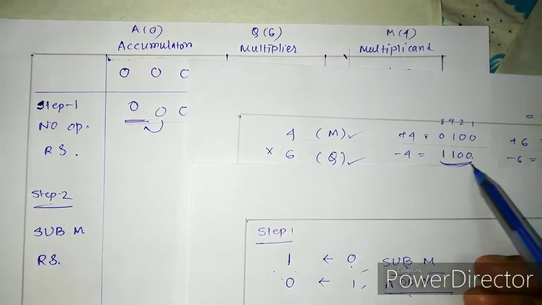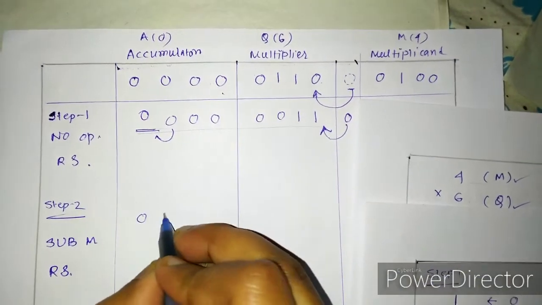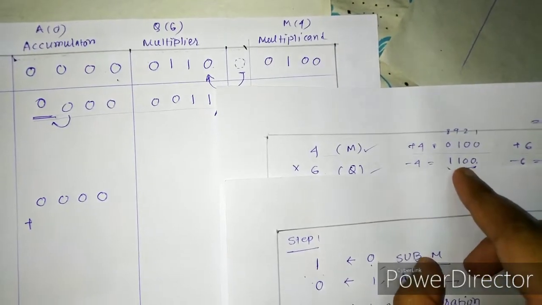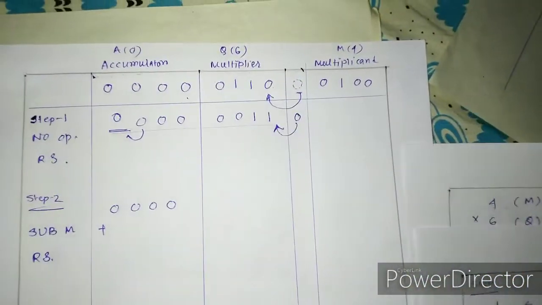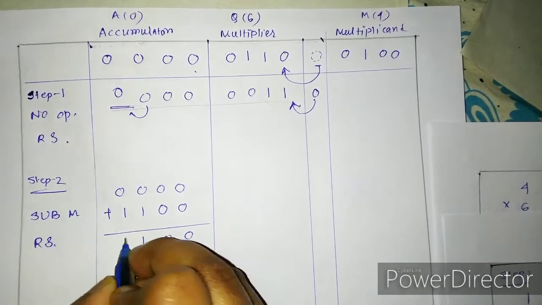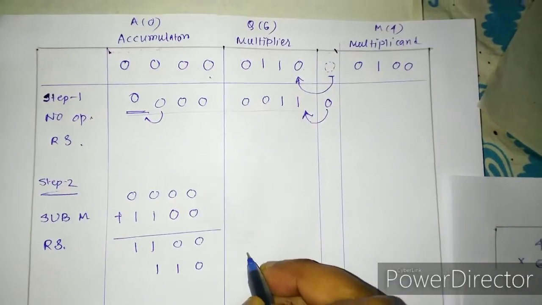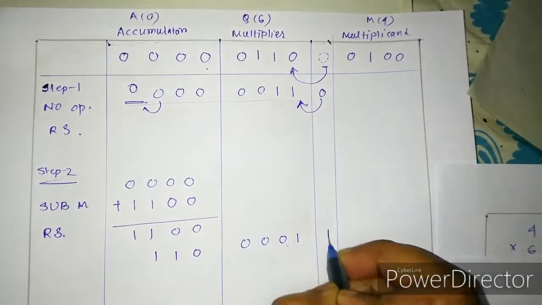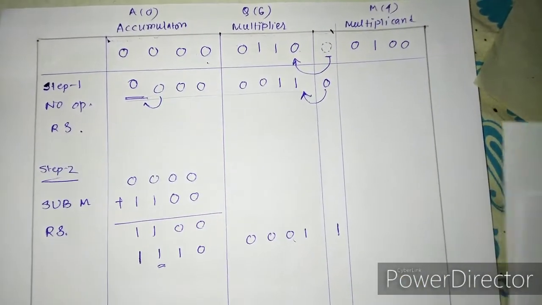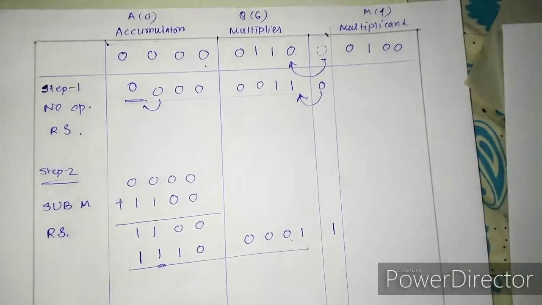So A minus 4, I have to do this, but I can do A plus M's 2's complement. 0 0 0 0 plus 4's 2's complement, which is minus 4, that is 1 1 0 0. Write down 1 1 0 0 0 0 1 1. Then do a right shift: 1 1 0 0 0 0 1, then 1. As it is 1, the MSB will also be 1. After step 2, we get this answer.